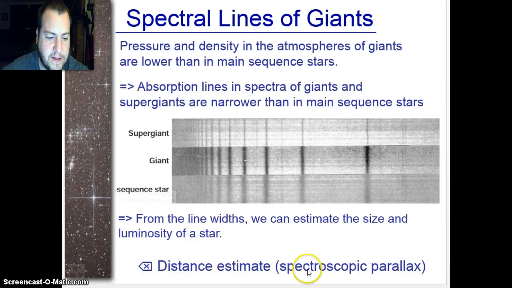Let's talk about this. You can estimate the distance of a star using what's called the spectroscopic parallax. Let's take a look at what that is. Let me get to my notes real quick.